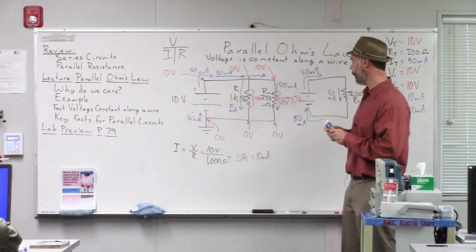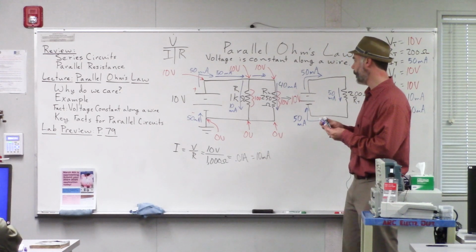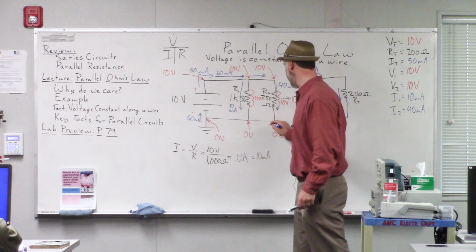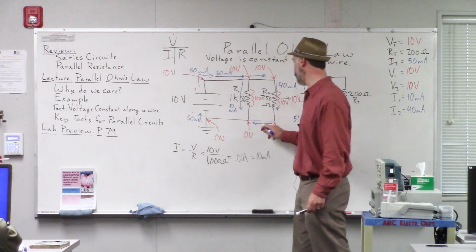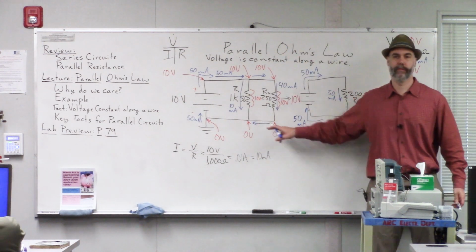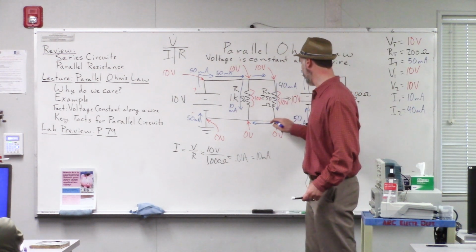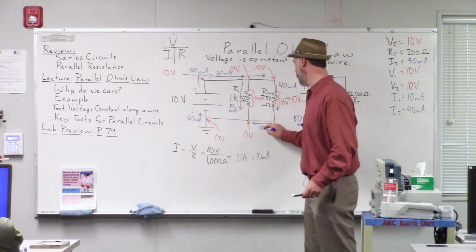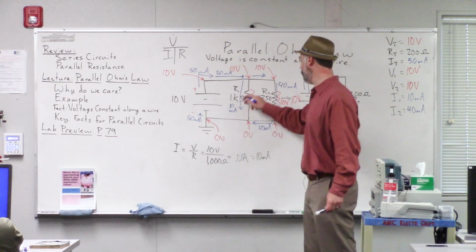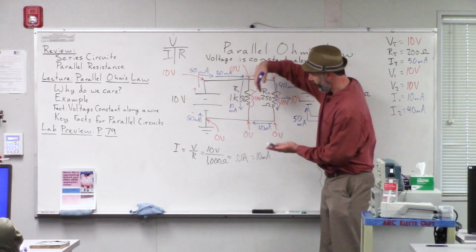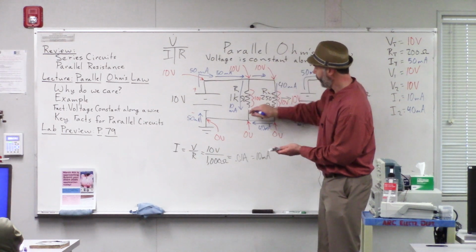And then down here at the bottom, kind of the opposite happens. So down here at the bottom, how much current would be flowing along this wire down here? Yeah, exactly, 40. It's the current that flows out of this resistor, so we have 40 milliamps there, and then it meets up with the 10 coming from this resistor.